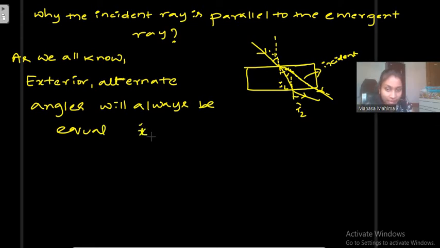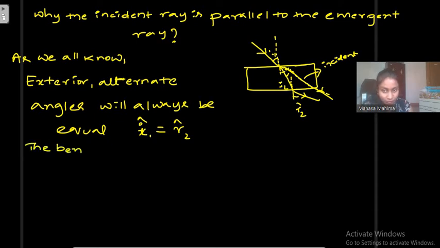I need to take the angle of incidence I1 is equal to the angle of emergence R2. Correct? This is the exterior, and this is the exterior. The exterior alternate angles, the angle of incidence I1 and the angle of emergence R2, these two angles are equal. Correct? As a result, what can we say?